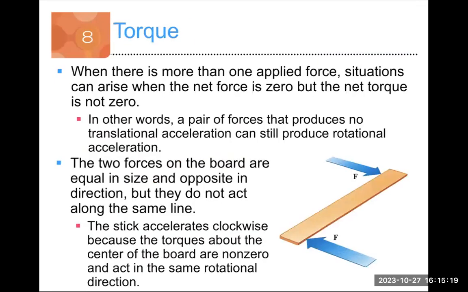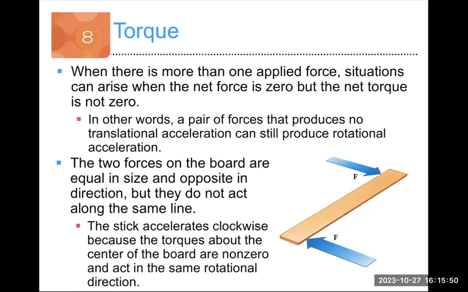Now, there might be a case where there's more than one applied force. In this case, your net force is 0, but the net torque is not 0. So I can have a pair of forces that are not going to produce any translational acceleration, but they can still produce a rotational acceleration. Notice in the picture, you have two forces.